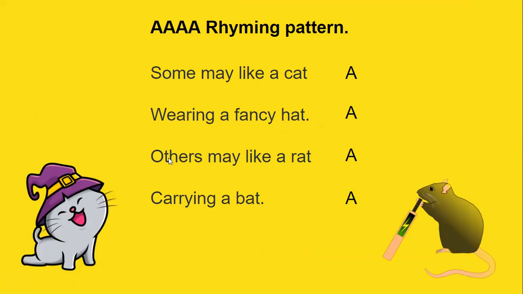That's 6. Others may like a rat. 6. Carrying a bat. 5. Okay. Let's look at the metre. Some is stressed. Some may like a cat wearing a fancy hat, stressing the first and the last syllables. Others may like a rat carrying a bat.